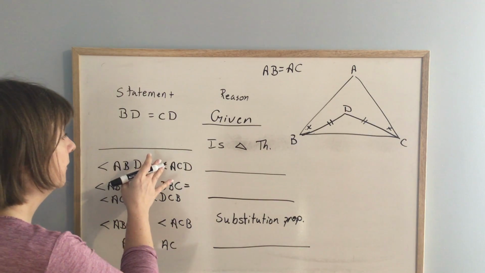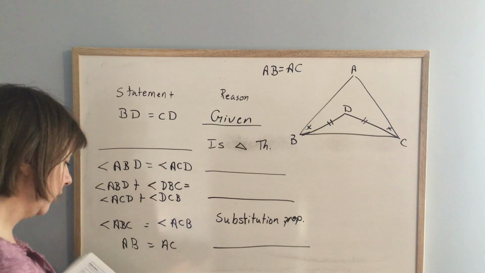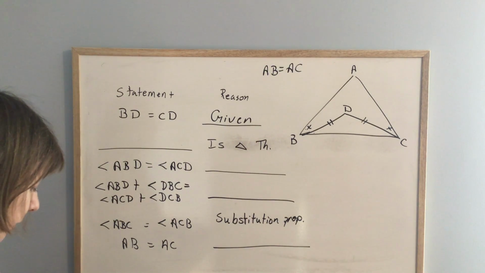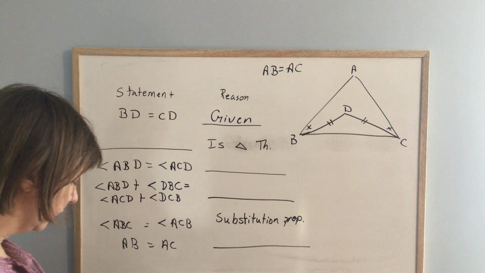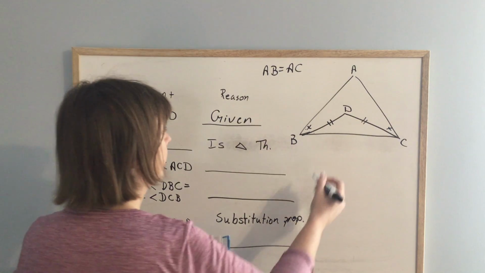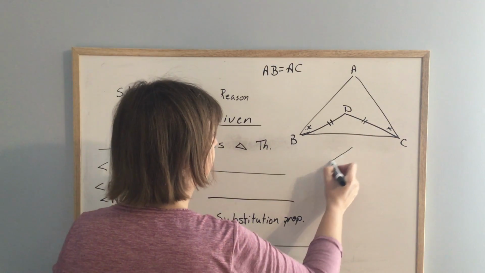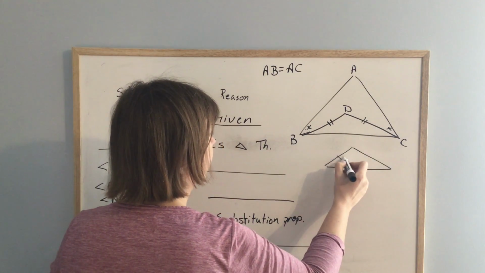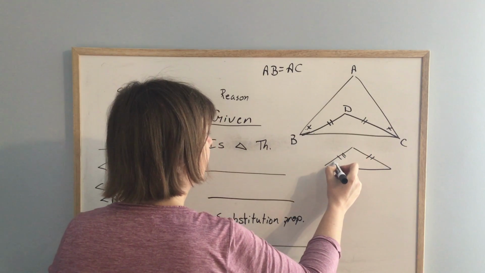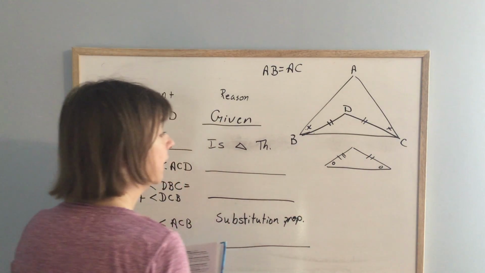we're going to make a statement based on the isosceles triangle theorem. Well, based on the isosceles triangle theorem, if these two sides are the same, then this angle and this angle would be the same.